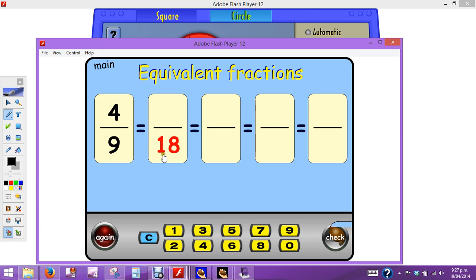So I doubled 9, and so I've got to double 4 to make 8. But you know what? 4 ninths was not the beginning step for that fraction. If you in fact look at that number there, you can do nothing with it actually. Let's have a look for another one.